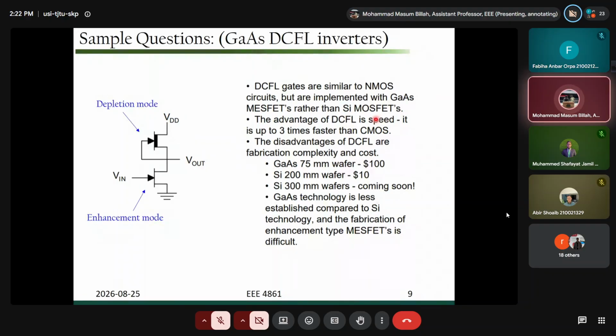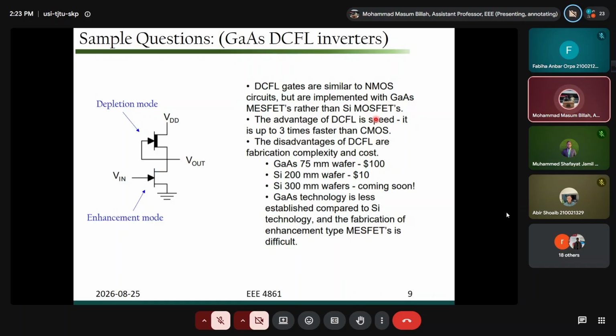So in MESFET devices, or direct coupled field effect transistors, they are faster than conventional CMOS. Faster and highly sensitive, but they have limitations like being costly. A 75 millimeter wafer costs $100, whereas a 200 millimeter wafer costs $10 when it is silicon based.